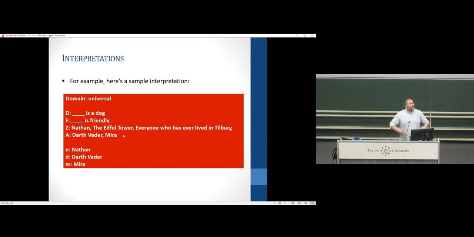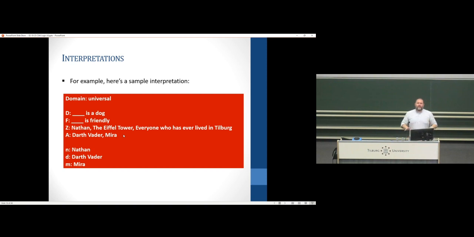So if you find that helpful, sure, that's totally fine. But another way to think about it is just the extension of the predicate, the collection of things that satisfy it. Here's the things that are Z's. Here's the things that are F's. Here's the things that are A's.